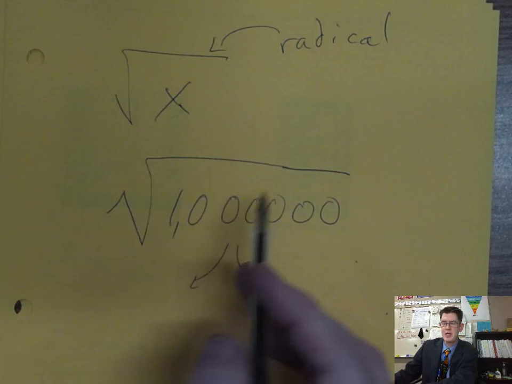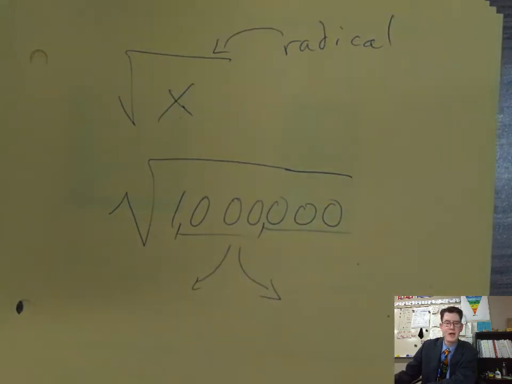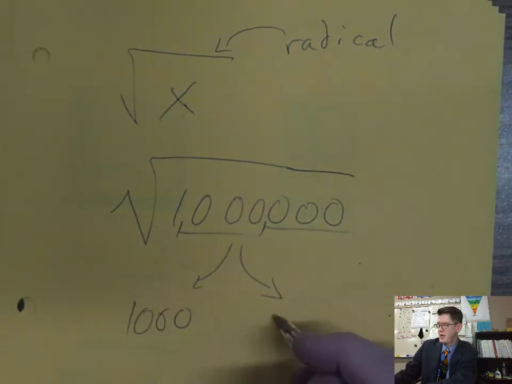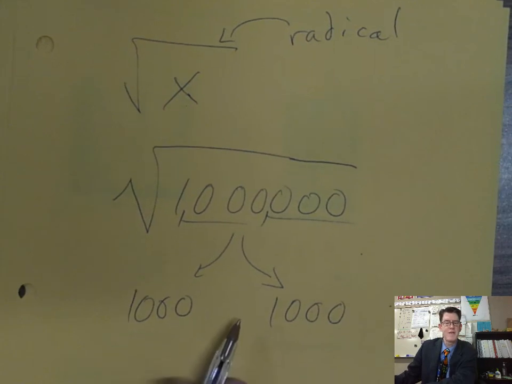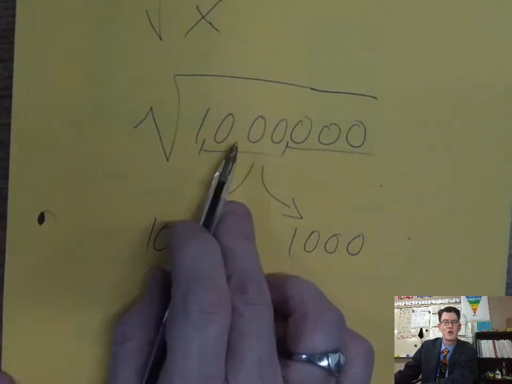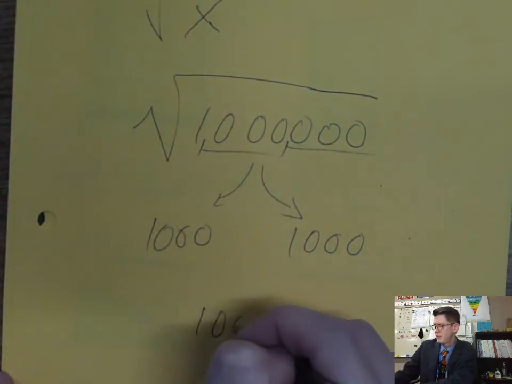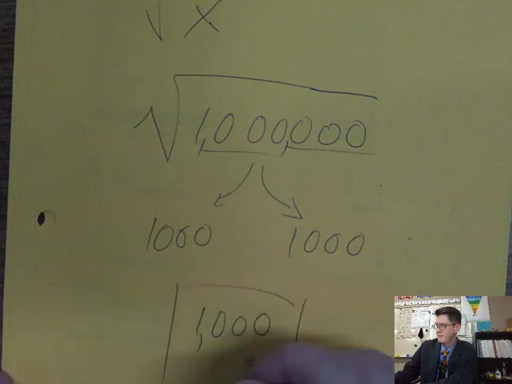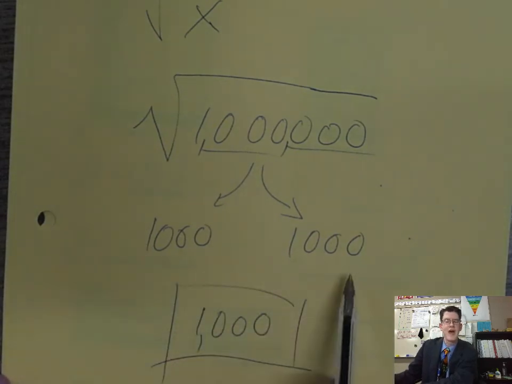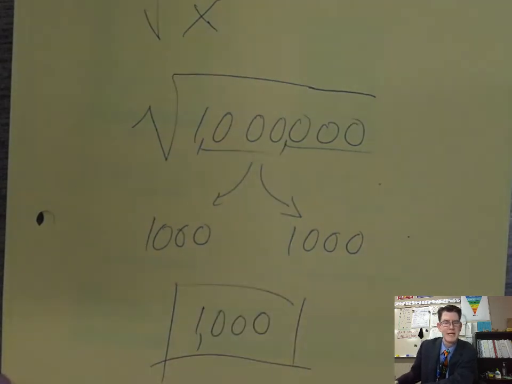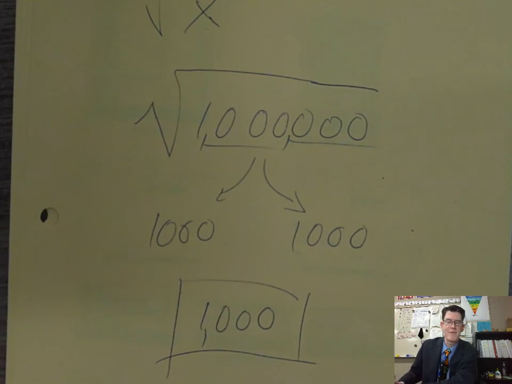And I'll tell you on these zeros, if I've got 3 and 3 right there, if I put 3 zeros on this number and 3 zeros on that number, I've got it. So the square root of 1 million is 1,000. 1,000 thousands is a million. If you didn't know that before, you know it now.